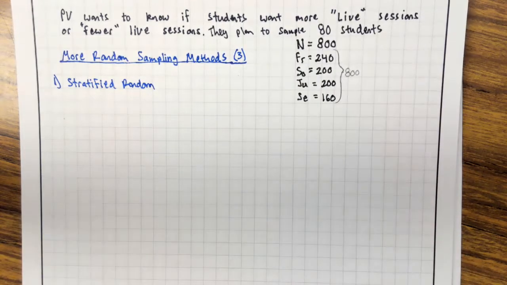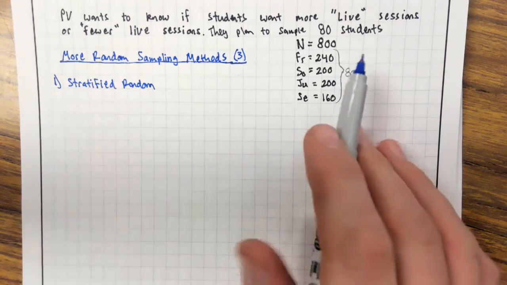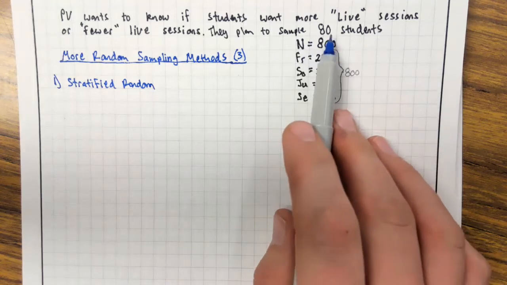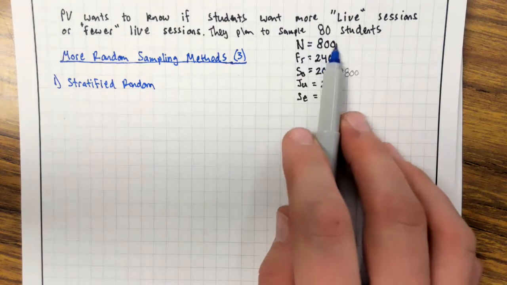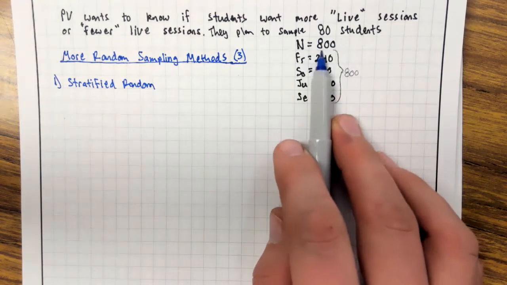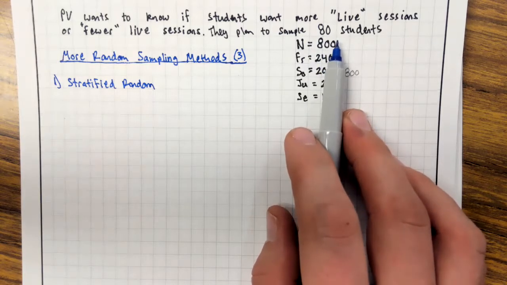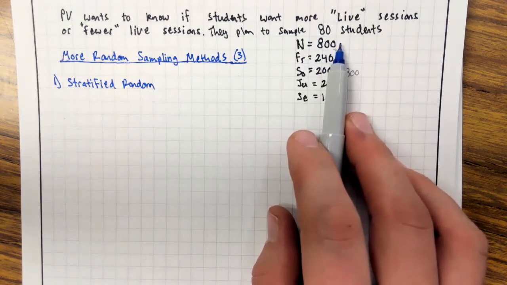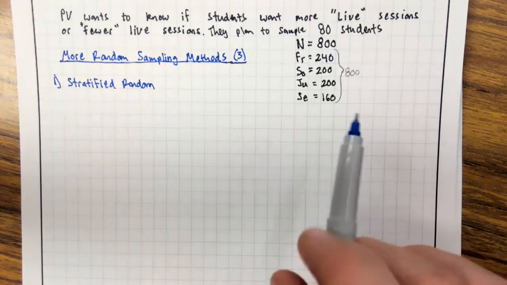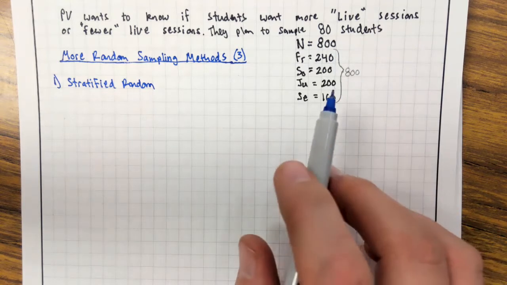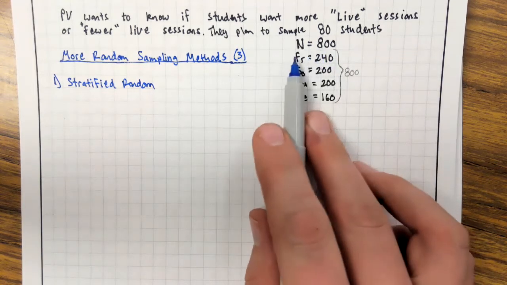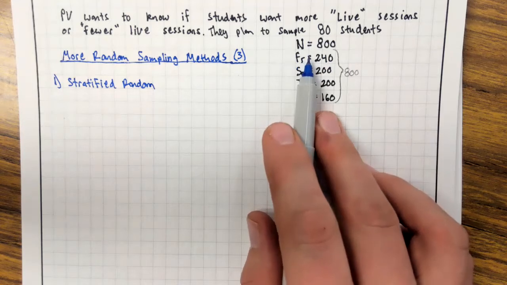Making that sample 80 and just drawing conclusions from that is going to be a lot easier than drawing them from all 800 students. So the stratified sample, why we use this is because say PV just got the student IDs of all 800 students, threw them into a random number generator, and picked 80 of those students. It could very well happen that almost all 80 students they chose were freshmen who maybe want more live sessions because they need more help.